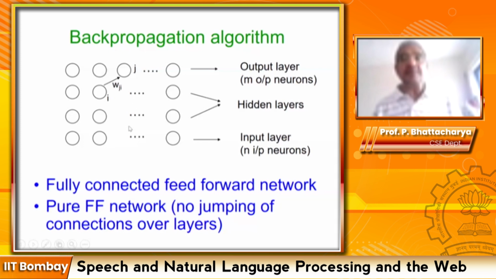The layers in between are called hidden layers, and the layers starting from the first hidden layer up to the output layer are called computation layers. They do computation. And what do they compute? They simply take the sum of the inputs multiplied by the connection weights and pass it through a nonlinearity.